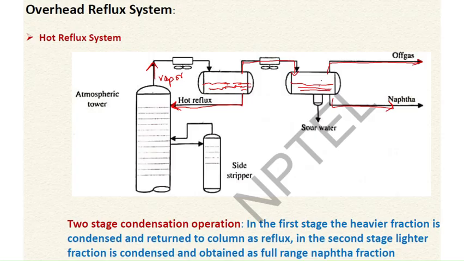But here we have not cooled it to a very low temperature, so a partial portion gets refluxed, and we can also say that this reflux is at a much higher temperature compared to the one in the cold reflux. So that is why it is called the hot reflux. And as partial cooling took place, the further left amount of overhead vapor is sent to the second condenser where it gets completely cooled, and non-condensable gases are given off as off gases, and the remaining portion after cooling we get is the naphtha. Okay.